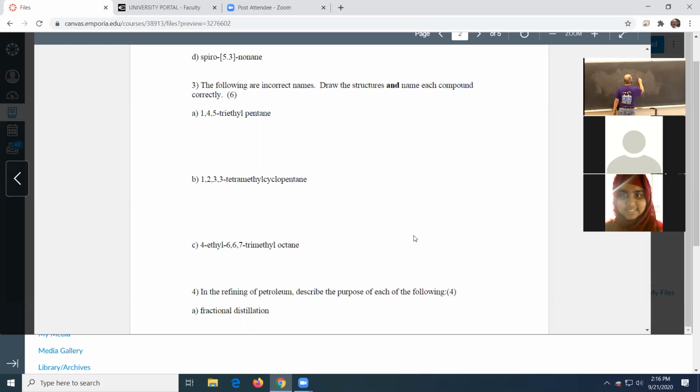We actually want to start numbering from this side. So 1, 2, 3, 4, 5. So this would be 5-ethyl. And it would be 2, 3, 3. And then the rest of the name, trimethyl octane.